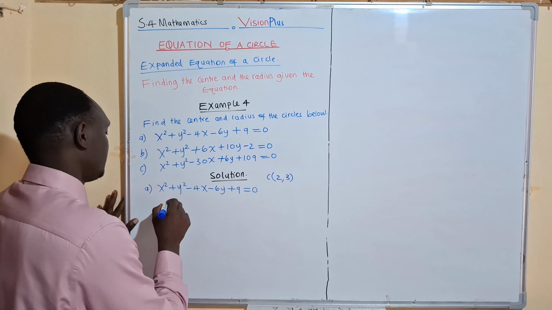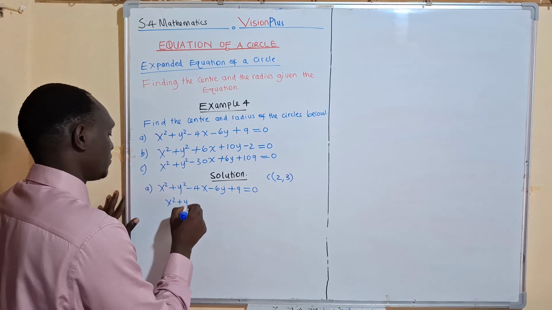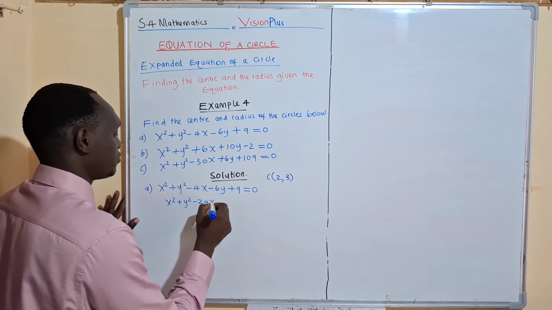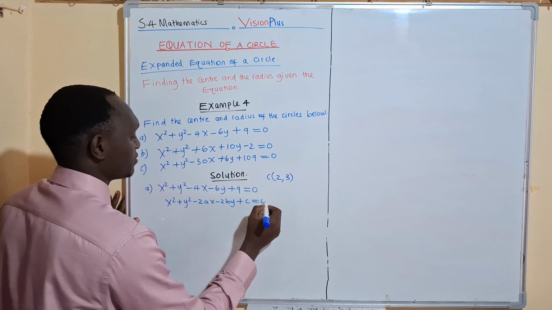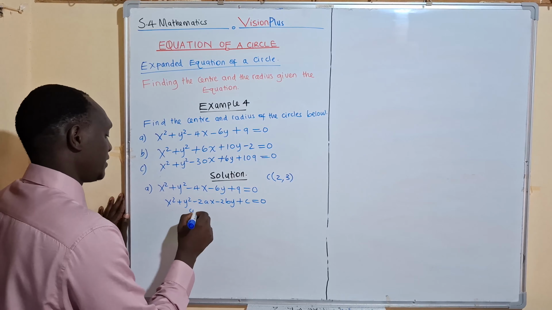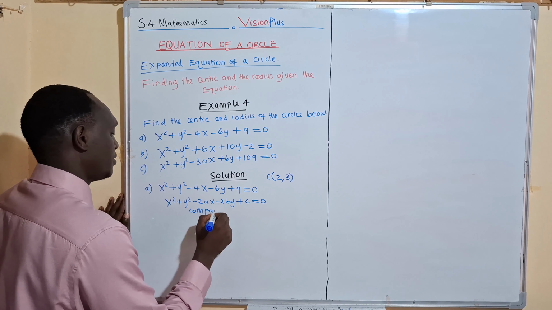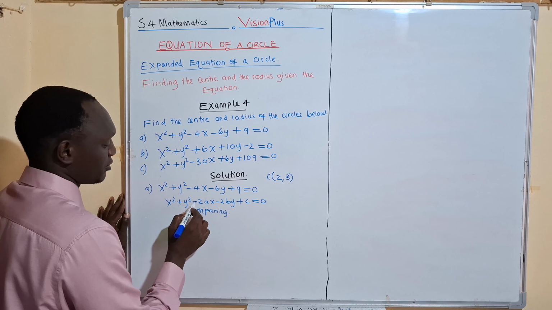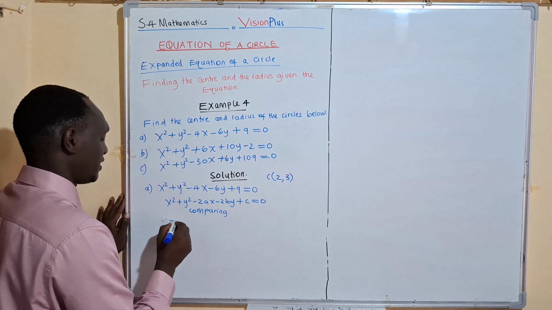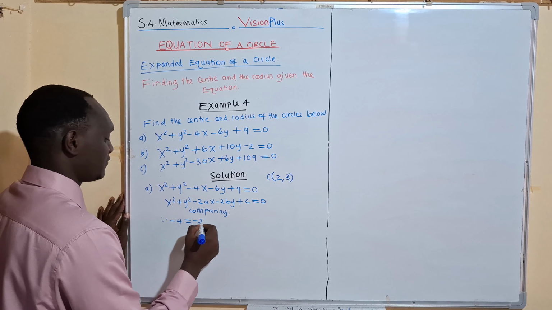So we compare it to the equation of the circle given by x squared plus y squared minus 2ax minus 2by plus c equals 0. On comparing the terms or coefficients, negative 4 corresponds to negative 2a. Therefore, negative 4 equals negative 2a.